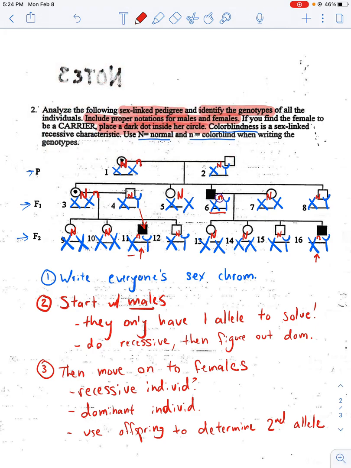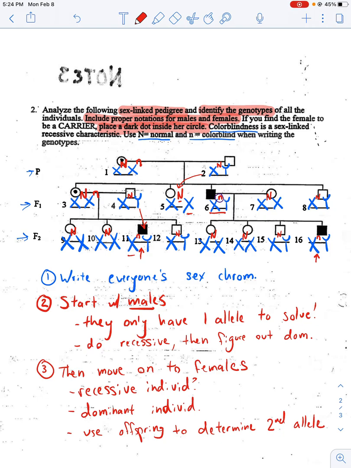What about number 5? 5 is the daughter of 1 and 2. She has a big N, but she's a girl, and fathers give their X chromosomes to their daughters. So we're going to assume that this X big N came from dad, and so now we have the other X chromosome that needs to have come from mom.